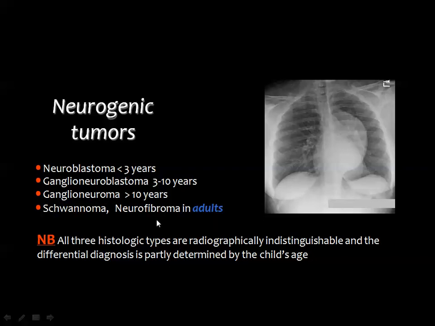And in adults, you consider the two benign forms, which are the schwannoma and the neurofibroma. Then you cannot distinguish these lesions by imaging, and you should know that the age is not a pathognomonic factor for differentiating between these tumors.